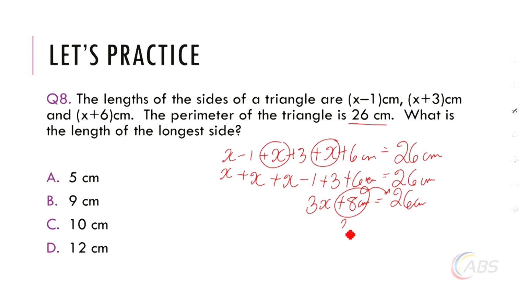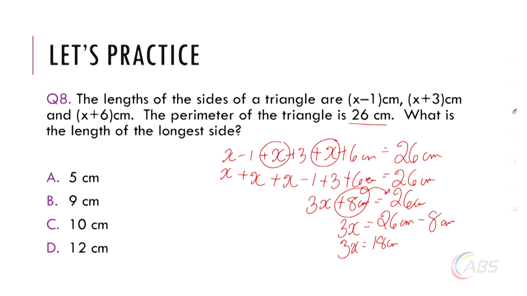On the left we'll have 3x, equal to 26 centimeters, and because it was a plus 8, it now becomes minus 8. So 3x is equal to 26 minus 8, which gives us 18.